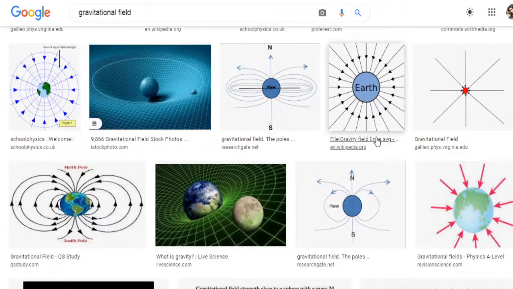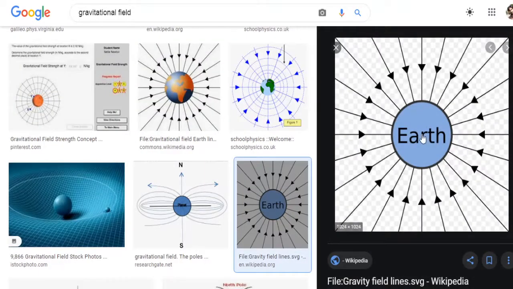This can be understood using another image. Suppose this is the earth, and anything that comes near the earth will be attracted toward it because of the gravitational field. The gravitational field attracts objects, so it can be represented by arrows.